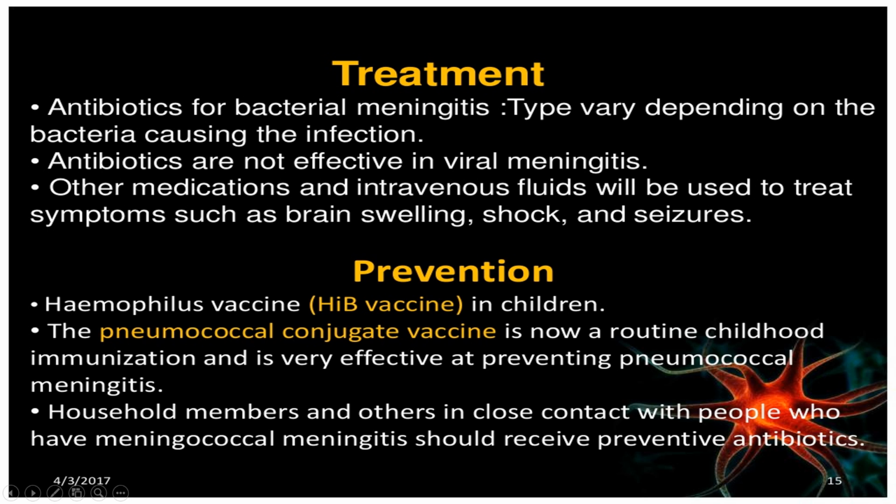And also meningococcal meningitis is kind of contagious. The bacteria that causes this can spread from person to person. So once a family member is sick, people who have come in contact with that person have to receive preventive antibiotics.